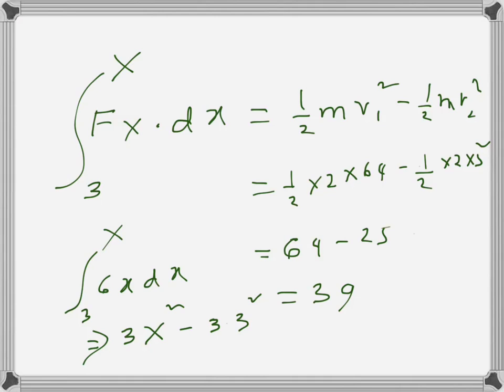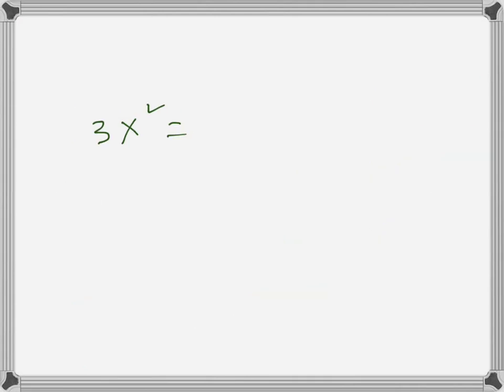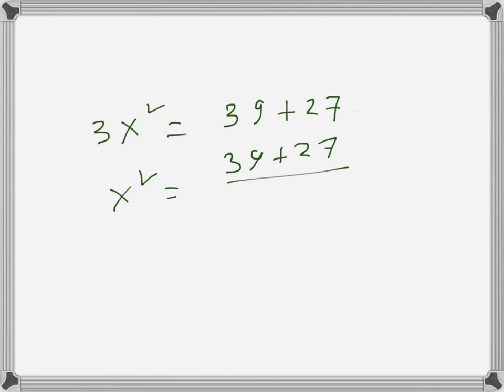So 3X squared will be 39 plus 27, since 3 times 9 is 27. So X squared will be 39 plus 27 divided by 3, that is 22, so X is the square root of 22, which is 4.7 meters. So at that x value, the velocity will be 5.